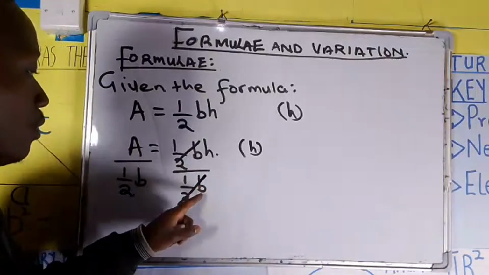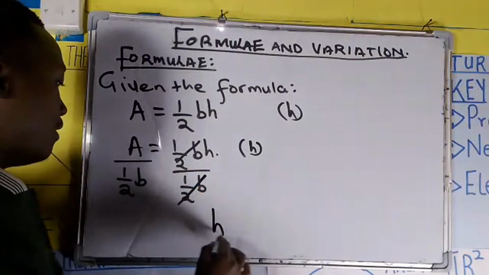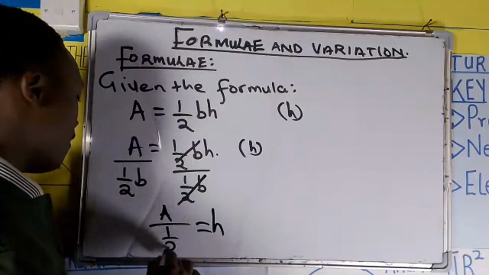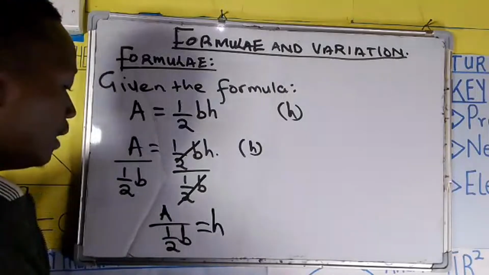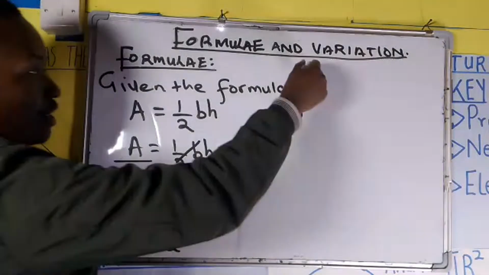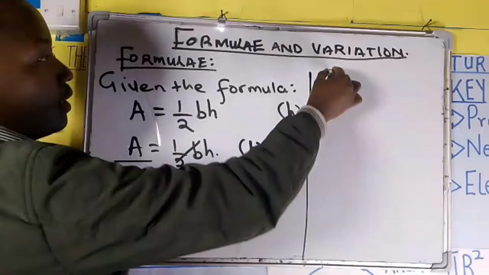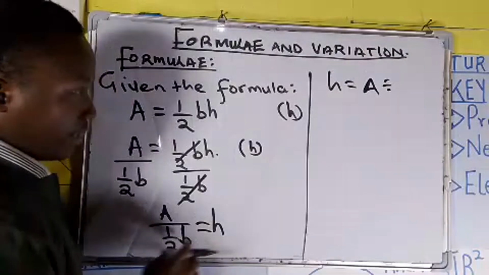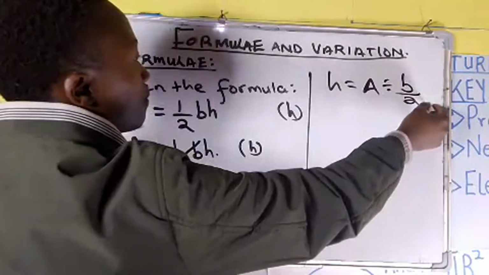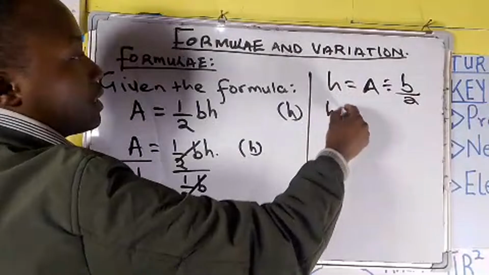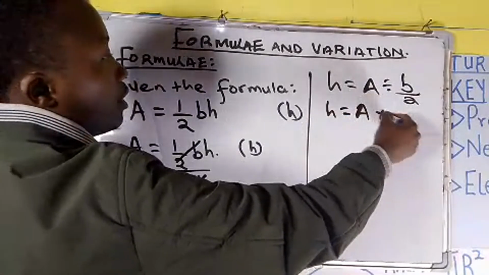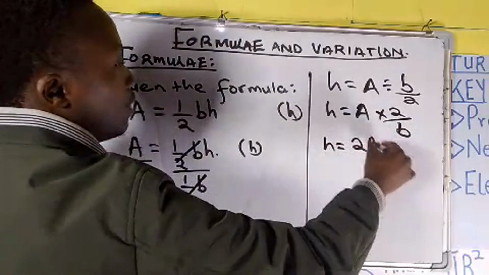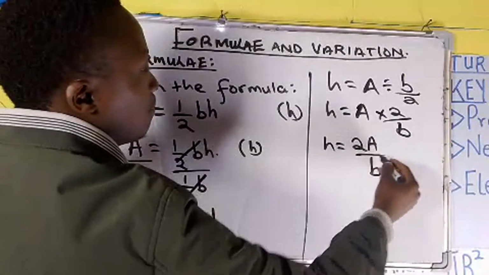A half base is going to cancel with a half base, and we will be left with height is equal to A over a half B. If we simplify this further, A divided by a half B is the same as A times 2 over B. So our H is equal to 2 area divided by base.